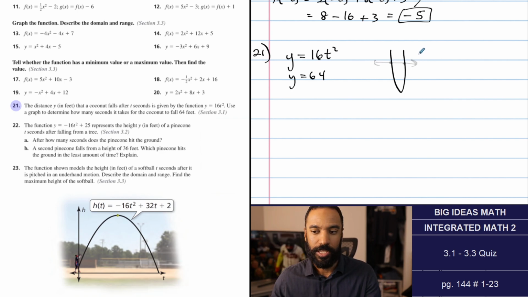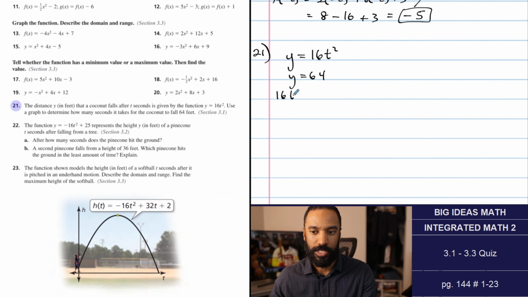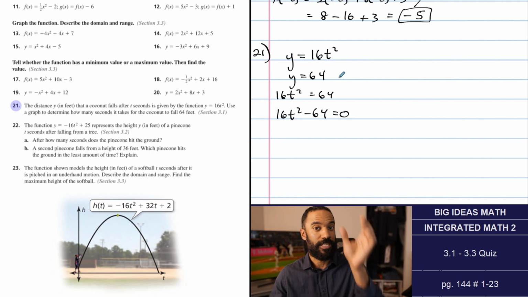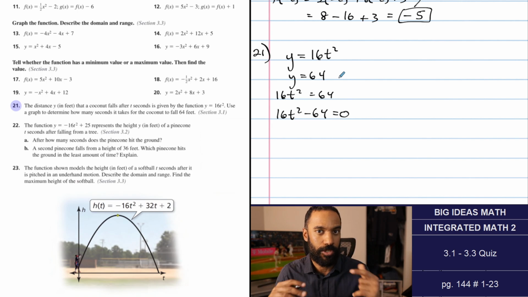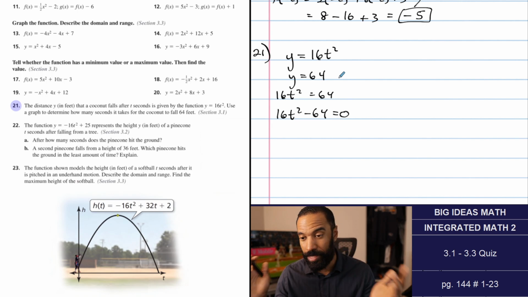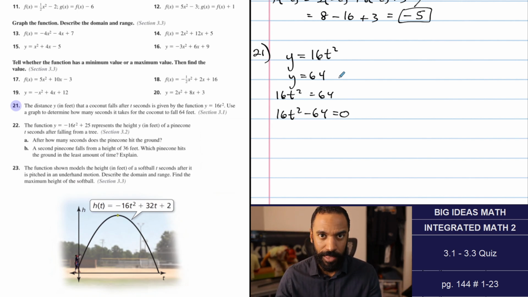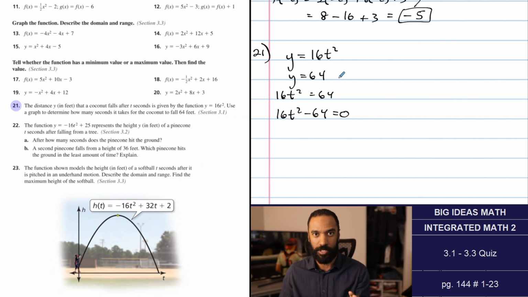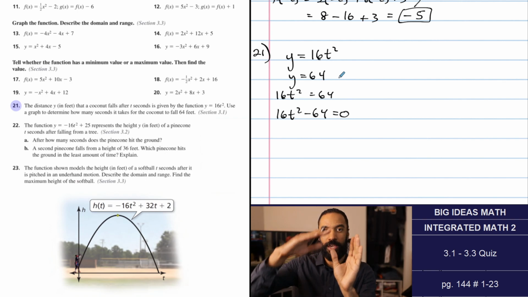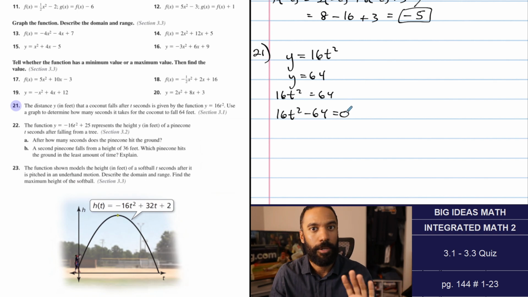Number two is setting these equal to each other, 16t squared equals 64, subtracting 64 over, and then finding out when this graph shifted downward hits the x-axis, or the t-axis, which is maybe the one that they want. It doesn't matter. You're going to get the same answer. One is just 64 units shifted downward. One stays at the origin, but you have a y equals 64 line upward. They're both the same thing.